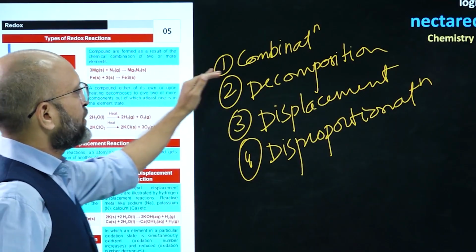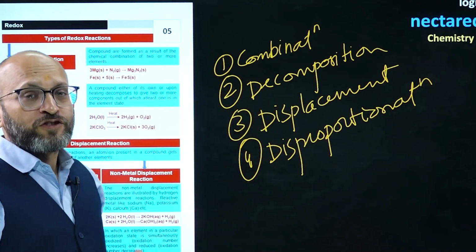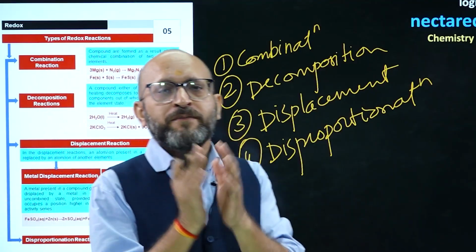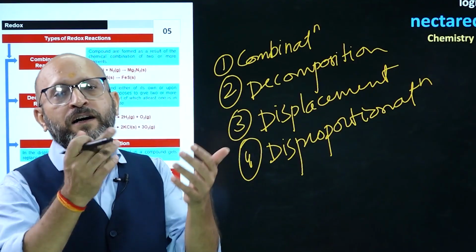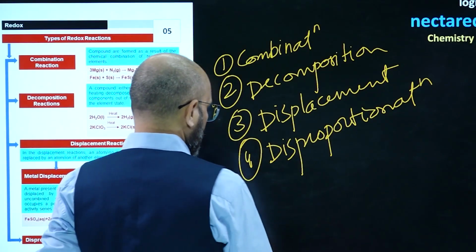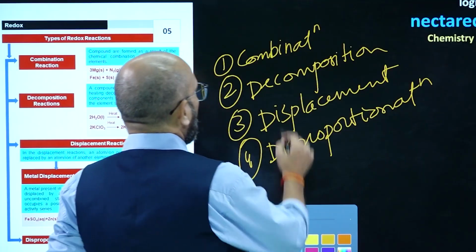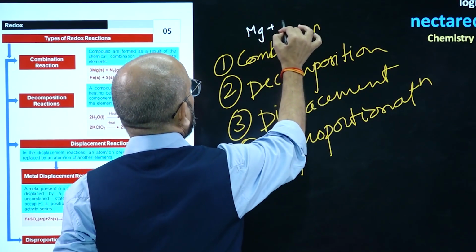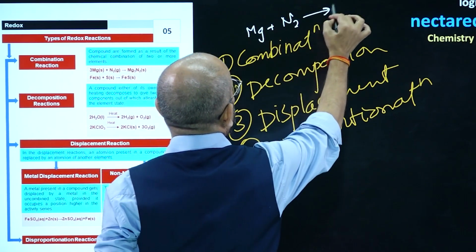As the name says, combination redox reaction. What is a combination redox reaction? Combination of two elements is happening to form a compound. For example, magnesium combines with nitrogen to form Mg3N2.